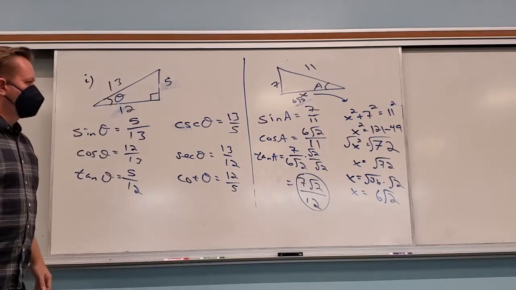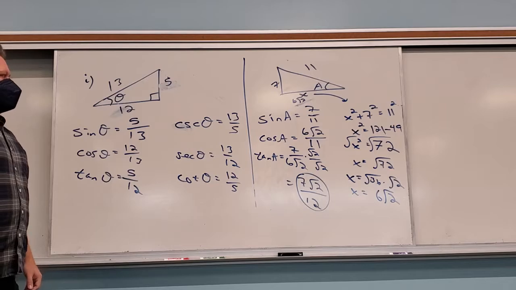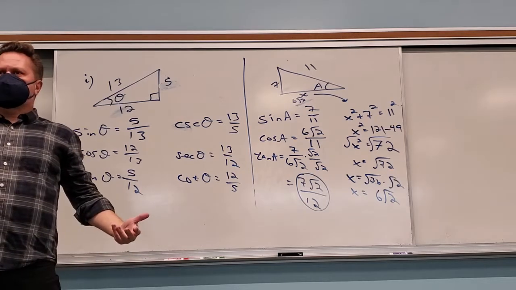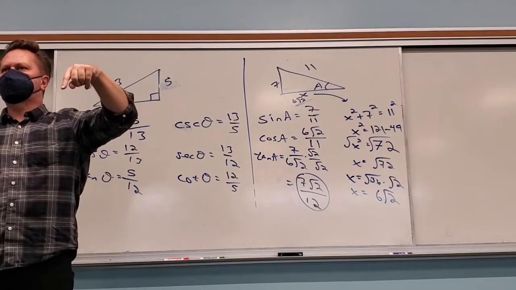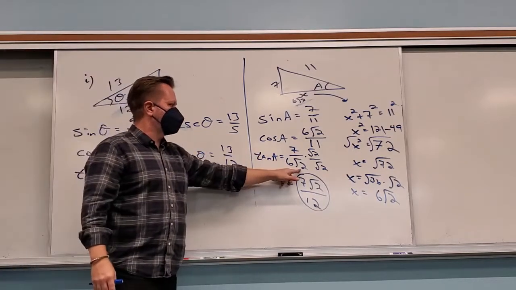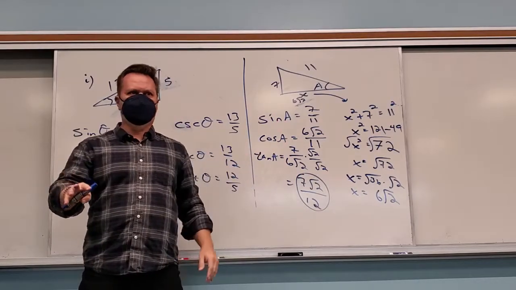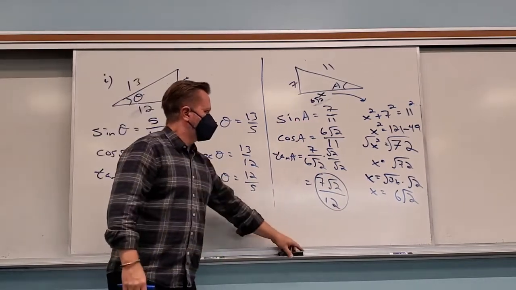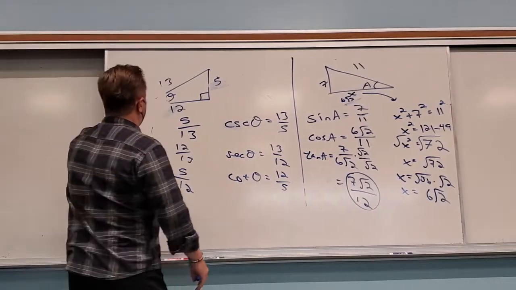Can you multiply by 6 rad 2 over 6 rad 2 instead of just radical 2? You could, but then you'd have to reduce, because now you're giving the top and the bottom a factor of 6. That would cancel. Right? So the 6 isn't the problem. The rad 2 is the problem. So I just focus on what the problem is. Okay. All right. How would you do the cotangent? Oh, okay. All right. So let's see.